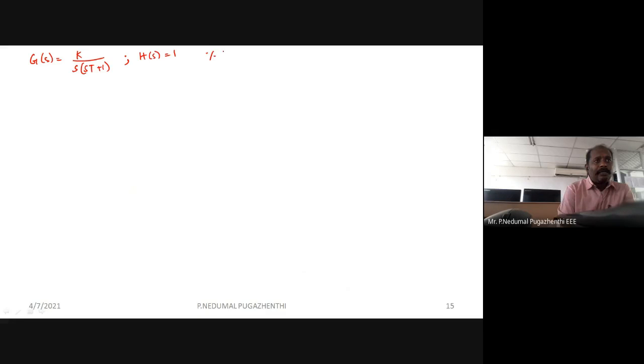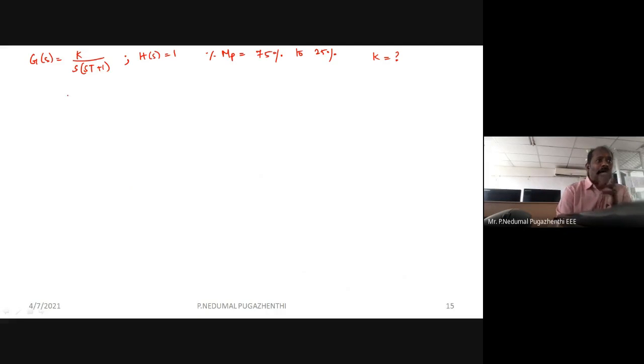And they have given not exactly the values but percentages, from 75 to 25 percentage. They are asking the value of K to obtain this reduction from 75 to 25 percentage.